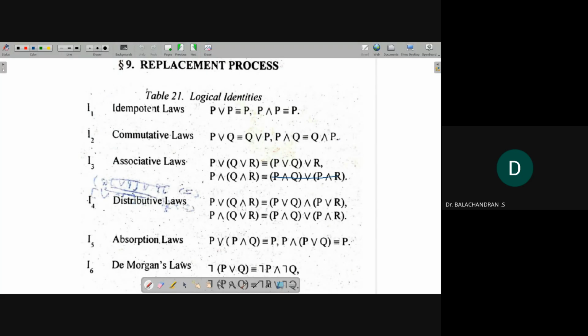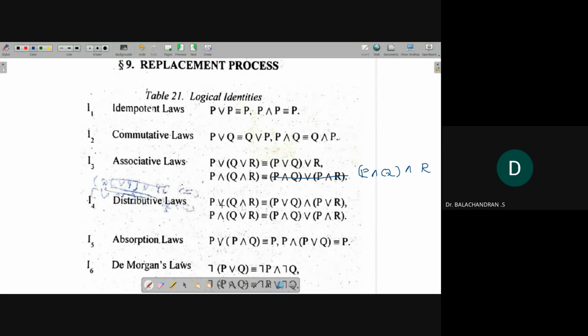Here it is wrong. It should be P and Q, that is correct, and then again and R. This is correct. So replace or by and here, and or by and here. Similarly here, or by and, and here or by and.